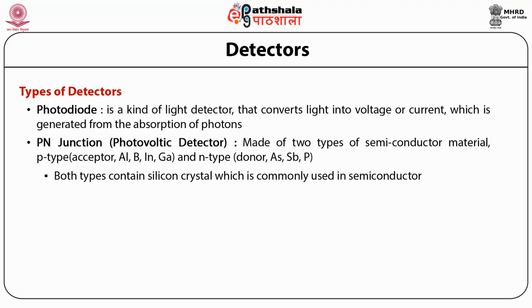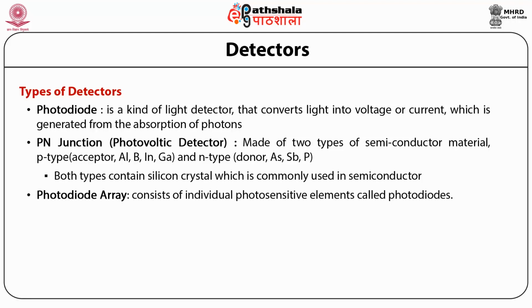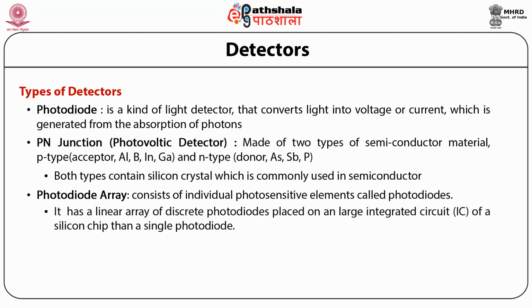Another type of detector is photodiode array. It consists of individual photosensitive elements called photodiodes. It has a linear array of discrete photodiodes placed on a large integrated circuit of a silicon chip rather than a single photodiode.